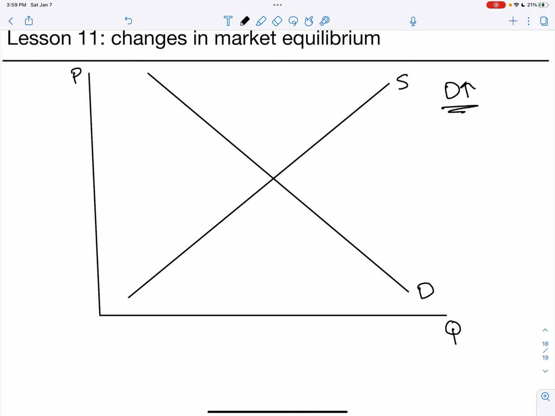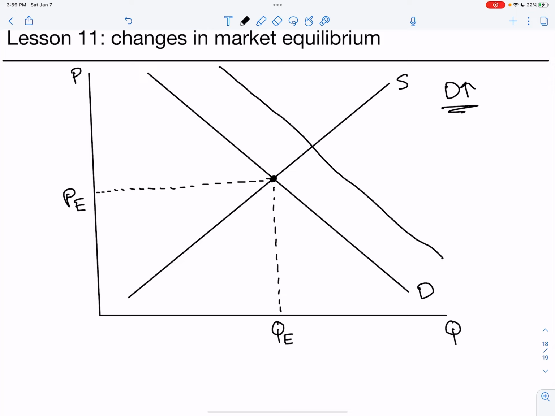So first of all, what is our initial equilibrium price and quantity? Well, again, determined by the intersection of our demand and supply curves. So equilibrium quantity, equilibrium price. Now the demand curve has shifted to the right, so we're going to draw our new demand curve here.